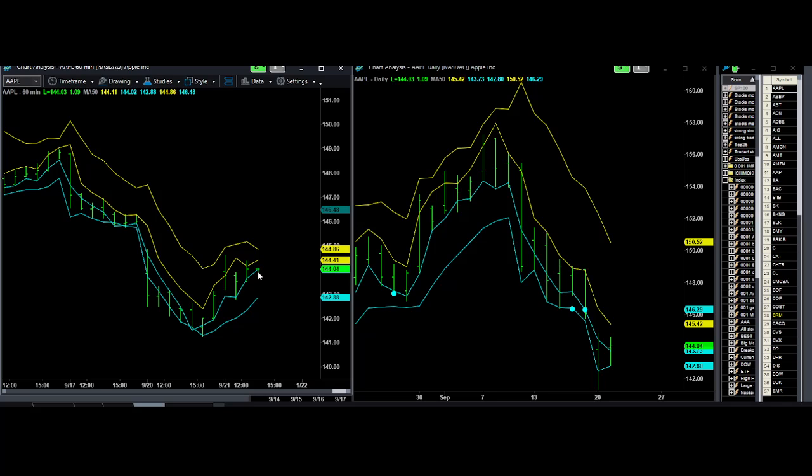For this 60 minutes chart, you can see the stock price stays and tries to fluctuate here, but it doesn't have a lot of momentum to increase or decrease.